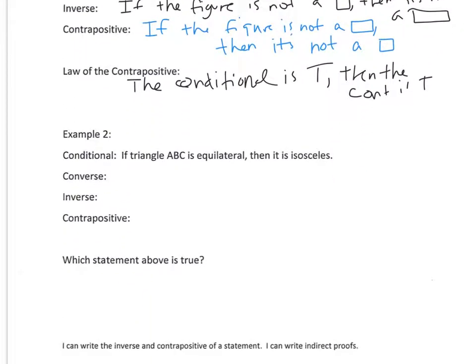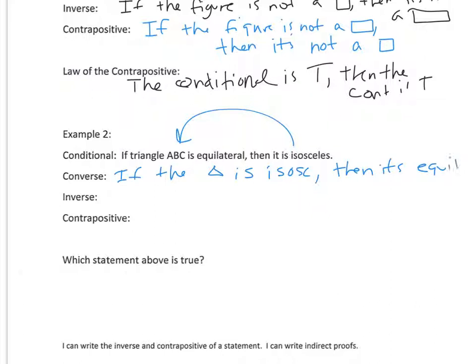Here's another example. If a triangle ABC is equilateral, then it is isosceles. The converse from chapter 2 is if the triangle is isosceles, then it's equilateral. We know the converse is not true. Now let's write the inverse.